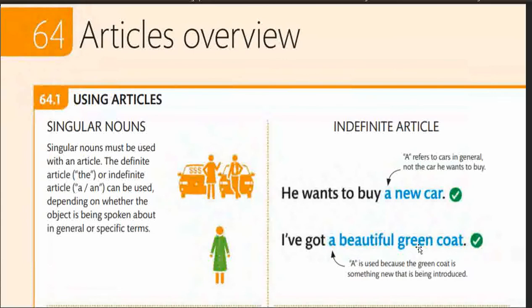A beautiful green coat. Now let us see, a is used because the green coat is something new that is being introduced. That means talking about it for the first time. Even then you use a as an article.